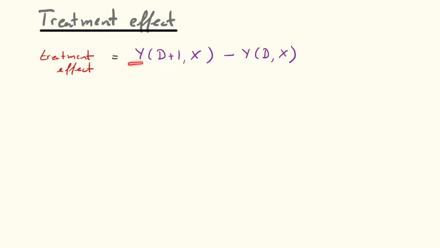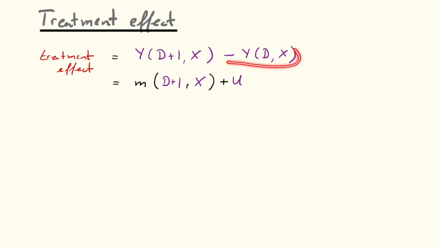We can now plug in our model for the potential outcomes. So we have m of d plus 1 and x plus our error term u.